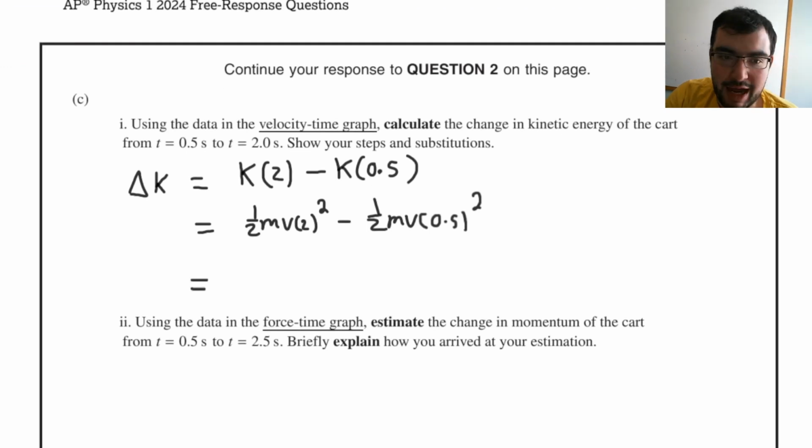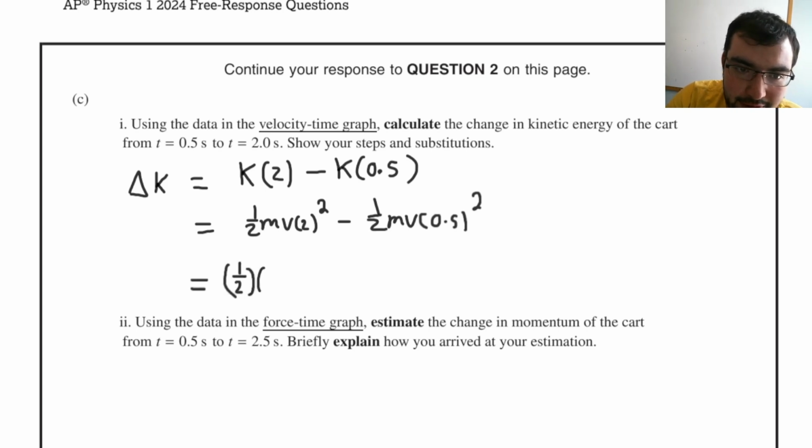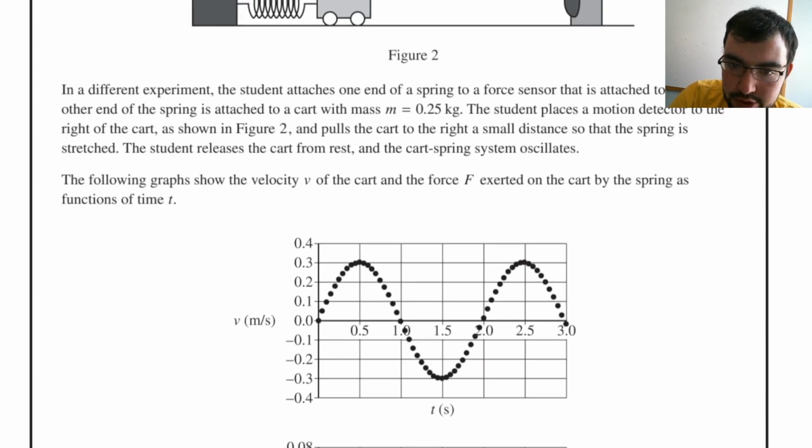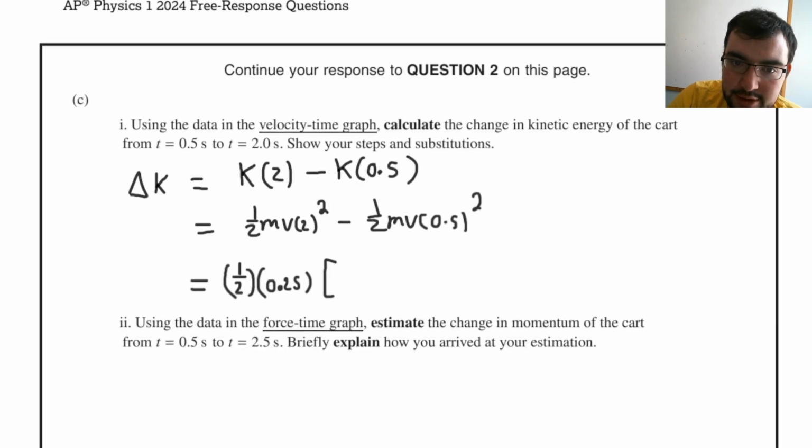And we're given the mass is 0.25, so we can factor out a 1/2 and factor out the 0.25. That's the mass. And then we can just look at our graph and look at our v's at each time. So v at 2 is 0, and v at 0.5 is 0.3. So we get 0 squared minus 0.3 squared.